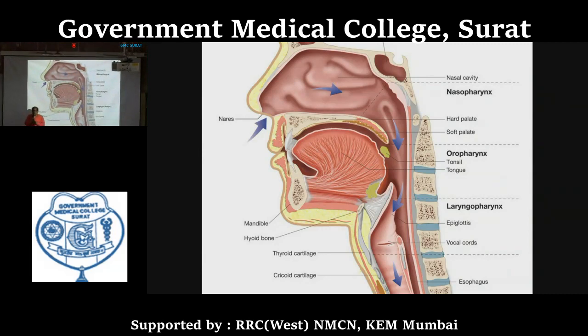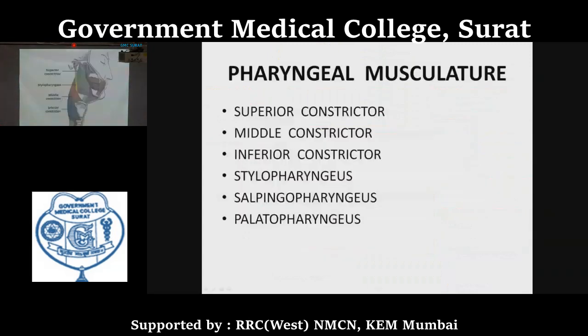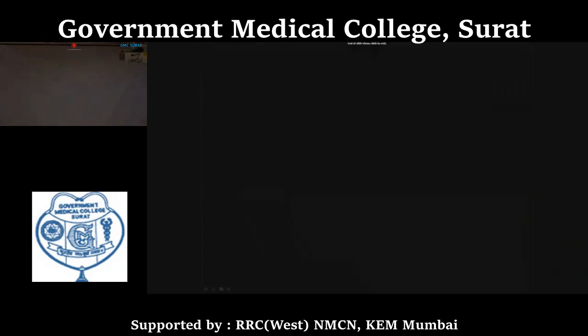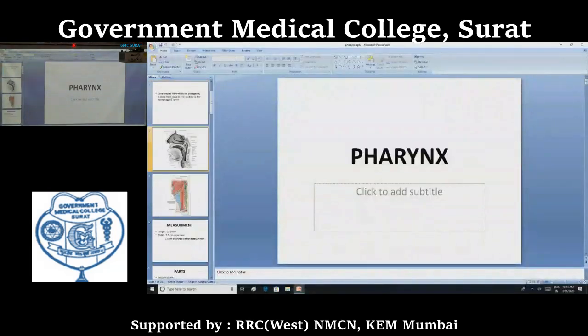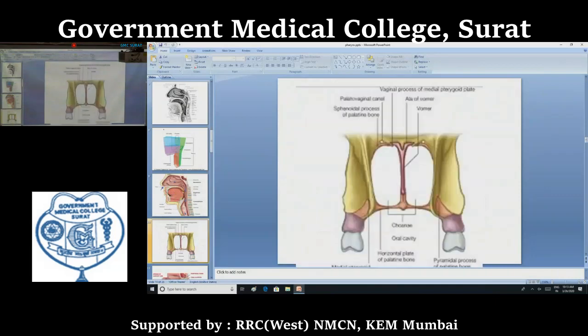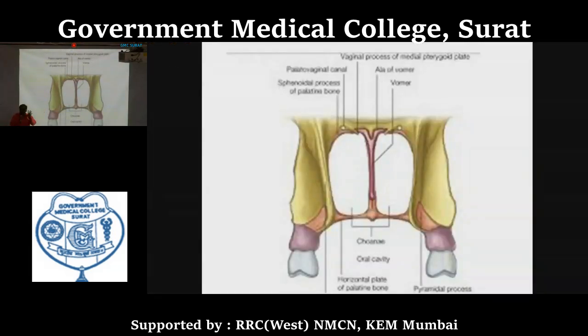Here is the communication of the nasopharynx with the nasal cavity. This is the view from the nasopharynx to the nasal cavity, where you can get the two posterior nares. That is the anterior communication.